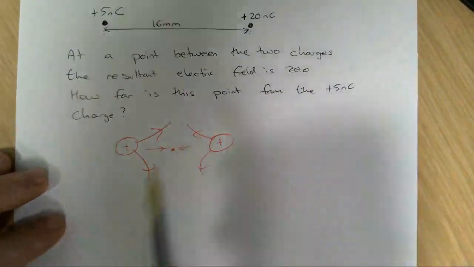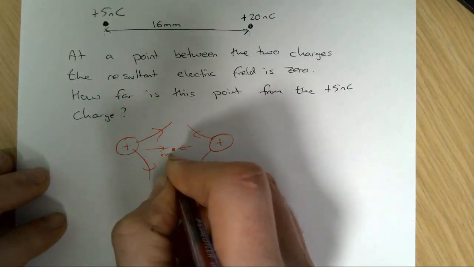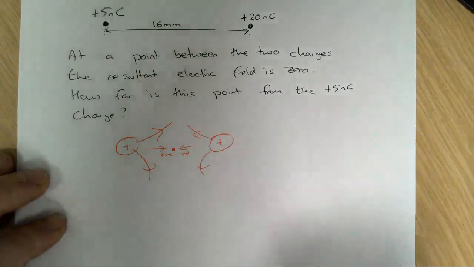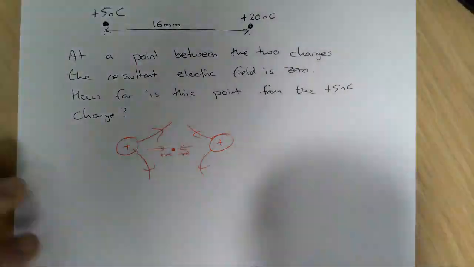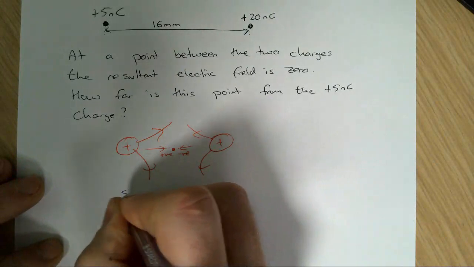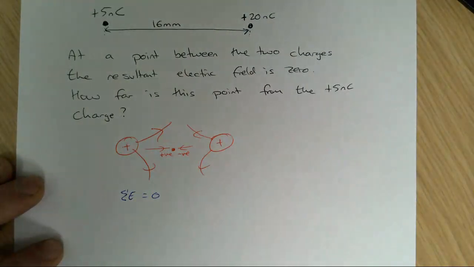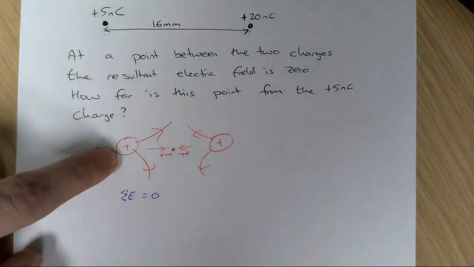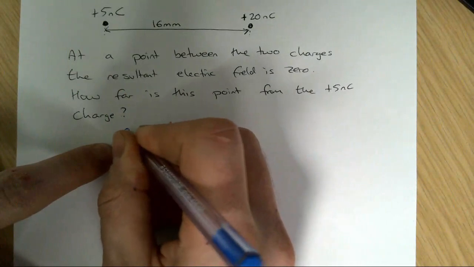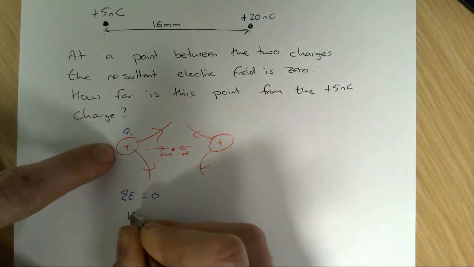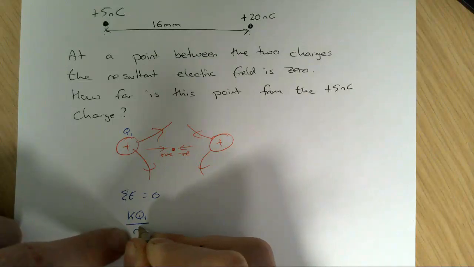Now the electric field is a vector field, so we could say this charge sees a positive field and a negative field, and the resultant field is zero. So what we can say is the sum of the electric fields at this point equals zero. So if we take the field from the left charge, let's call this Q1, we're going to get kQ1 over R1 squared.